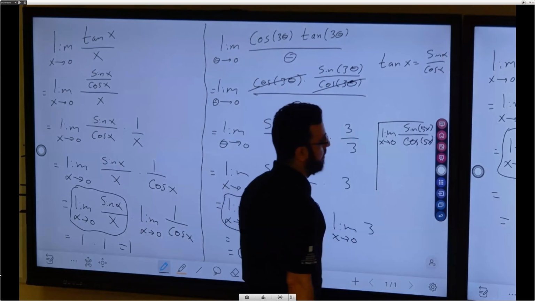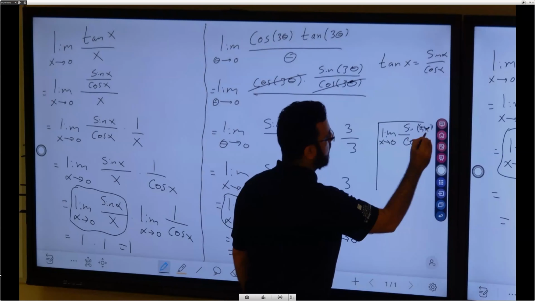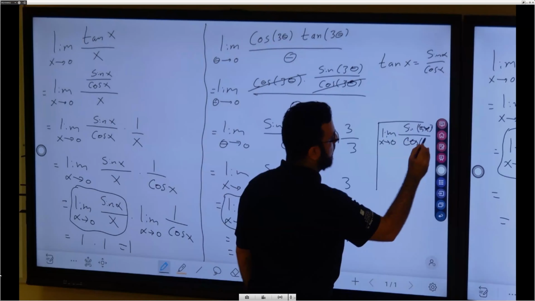You can't put 5x, let's put a 6x. Make it cooler. Sine 5x over cosine 6x.